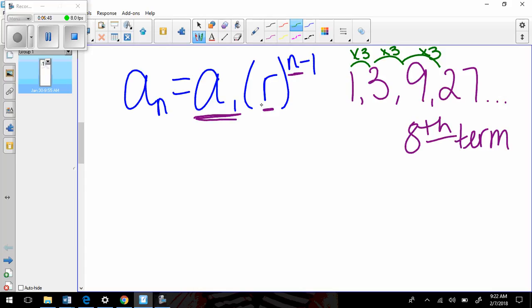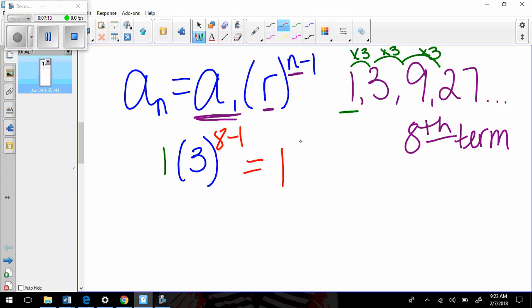So I'm going to plug some numbers in. The first term is going to be 1. I got that from my sequence over here. My rate is going to be 3. And the term I want to know is the 8th term, so 8 minus 1. Now it is just a matter of solving.